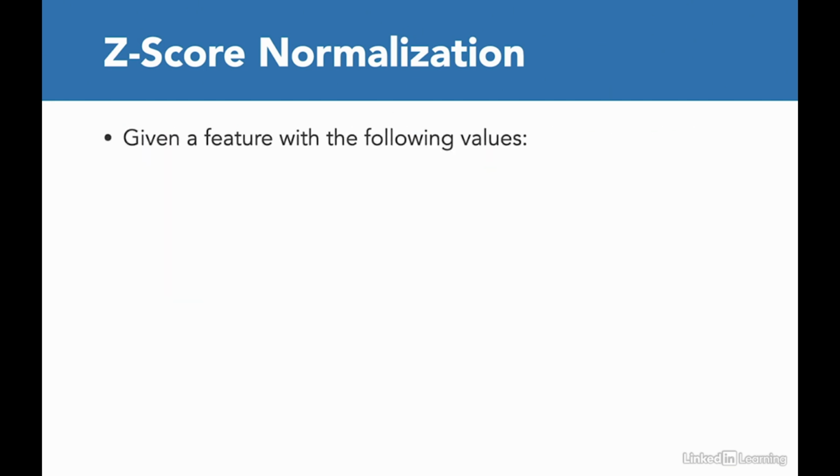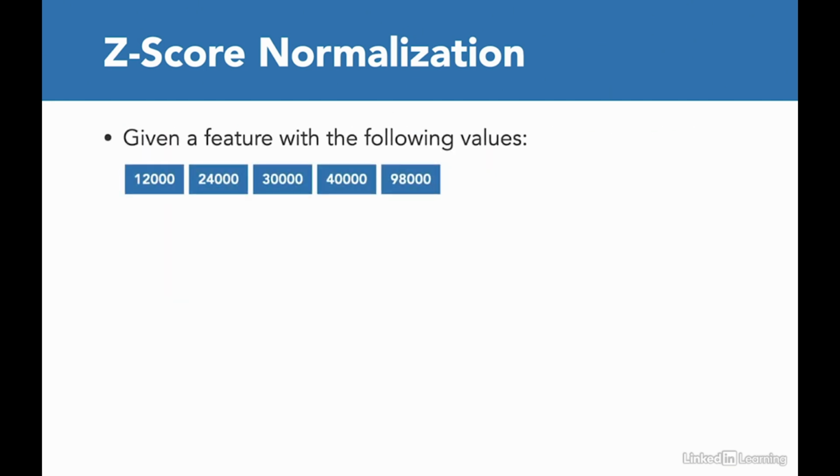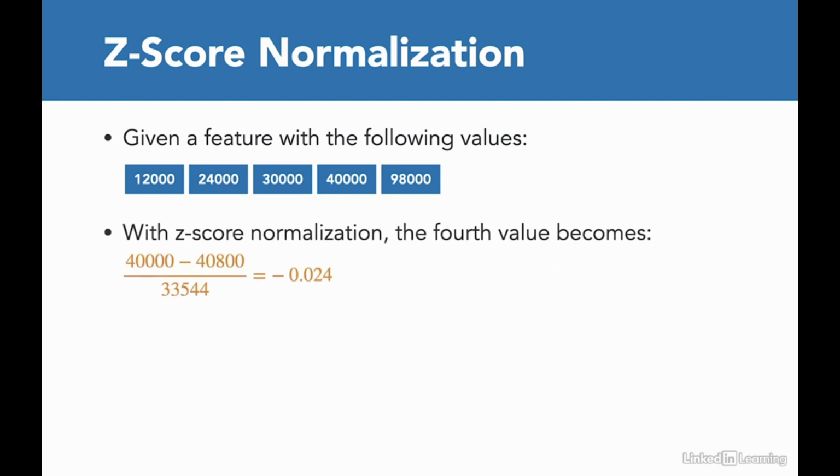To illustrate how z-score normalization works, let's consider a feature with 5 values, shown here. The mean of these values is 40,800 and the standard deviation is 33,544. To normalize the fourth value, we subtract 40,800 from 40,000 and divide the result by 33,544.